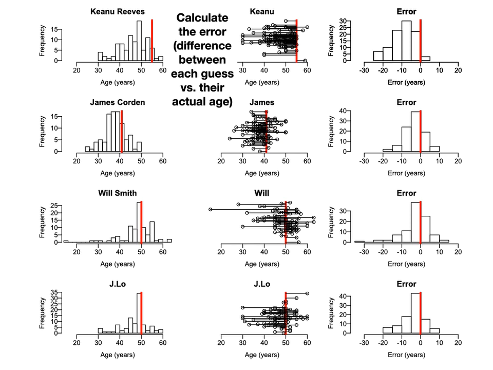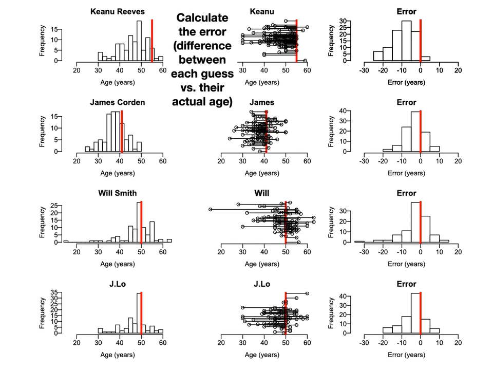So you can see how, on the top left, a whole bunch of students thought Keanu Reeves was 30 years old. And then the horizontal lines are calculating the difference. It could be a positive difference or a negative difference. If the student thought the celebrity was younger than they actually are, it would be a negative number. So I took the guess minus the celebrity's true age, and that was my error.